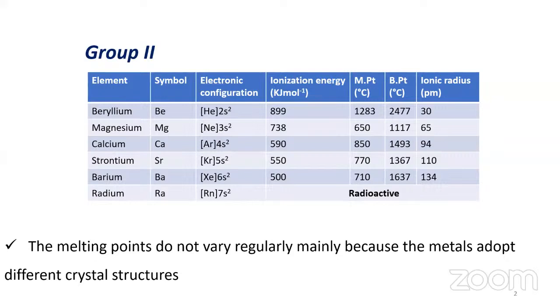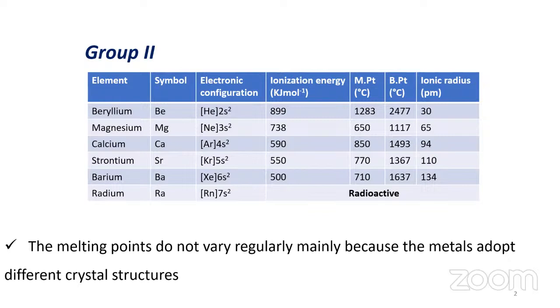For the electronic configuration, if you remember for group 1, we saw that the valence shell had 1 electron. For your group 2, the valence shell usually has 2 electrons. So you see that as we go down the group, the number of shells increases. That is why beryllium has 2s, magnesium has 3s, up to radium, which is now 7s.